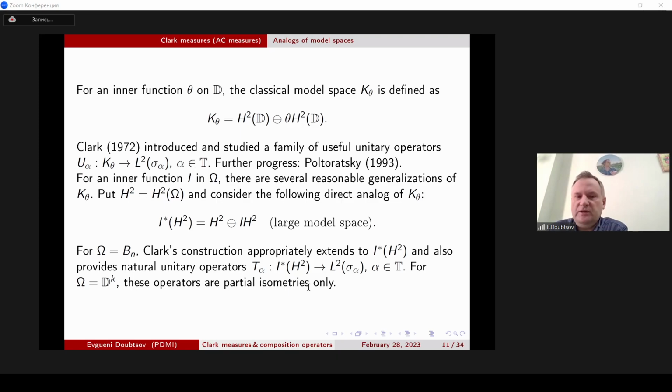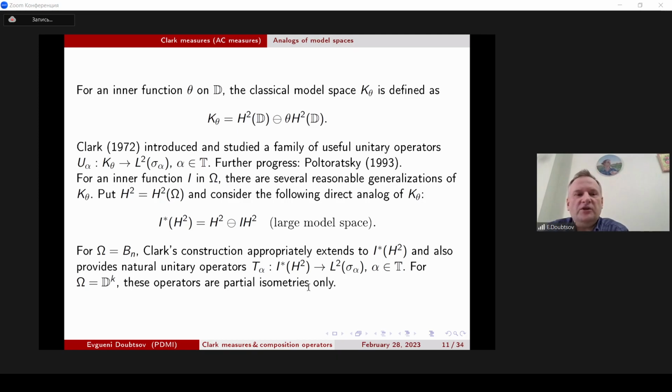This is kind of explicit construction. And moreover, finally, it was Poltoratsky who in 1993 actually proved that those functions in K theta, so these unitary operators, are the most natural ones.